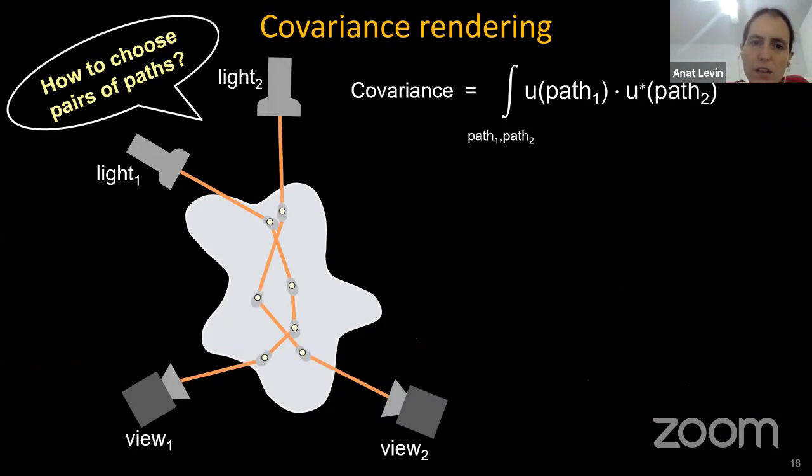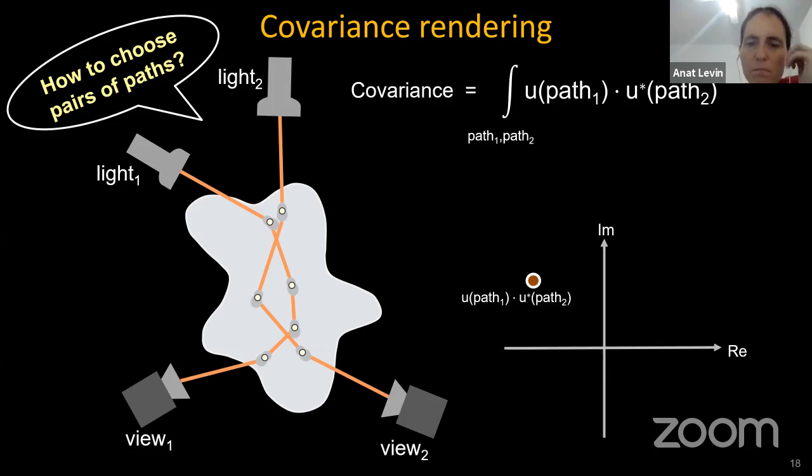But the problem is that if you try to do it naively, it's going to be very inefficient, because if you just sample paths independently, most of these paths have no correlation between them, and they just contribute noise. You can sample 1 trillion paths and you'll just get a noisy image. You won't conclude anything out of it. And as in standard Monte Carlo, we need to be smart about how we sample paths, with some sort of importance sampling.